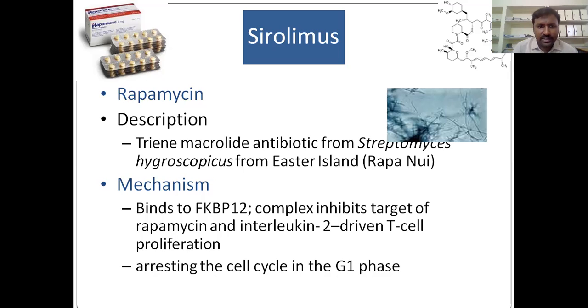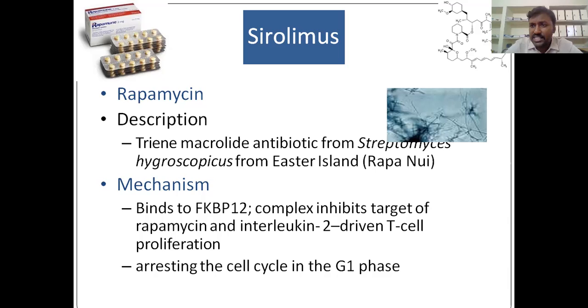The mechanism of action: it binds to the FK binding protein 12, and this complex inhibits the target of rapamycin and the interleukin 2 driver, meaning the productivity. So when it is lost, there is no T cell proliferation. Got it? So it arrests the cell cycle in the G1 phase.